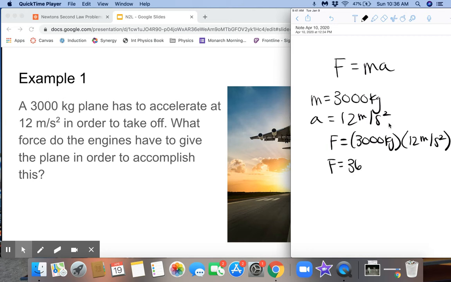The unit for force is newtons. So there is my answer. Of course, here we're not taking into account frictional forces or air resistance. This is just a very simple Newton's laws problem. All right, so that's how you're going to use that equation.